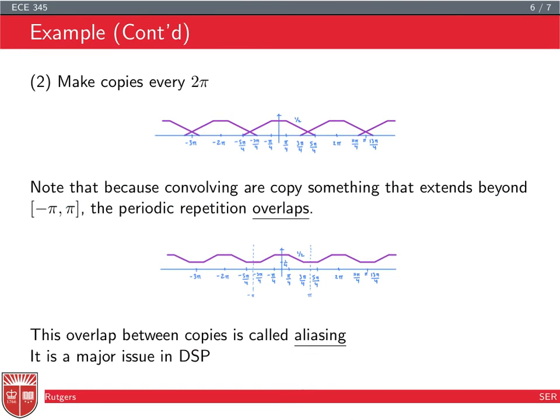Remember that what we got was the DTFT of y in the interval -pi to +pi, but the real thing is going to be periodic. So we get many copies of what happened between -pi and +pi, and the DTFT of y is going to be the sum of these copies.